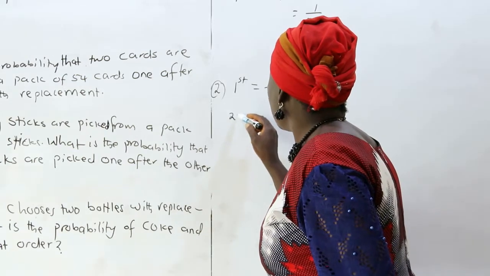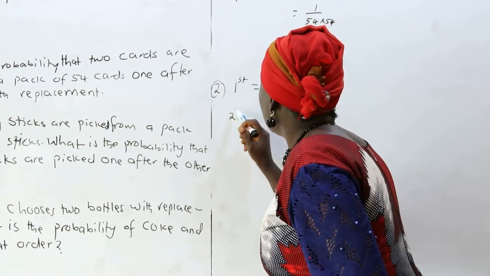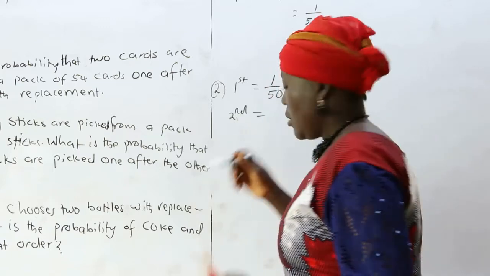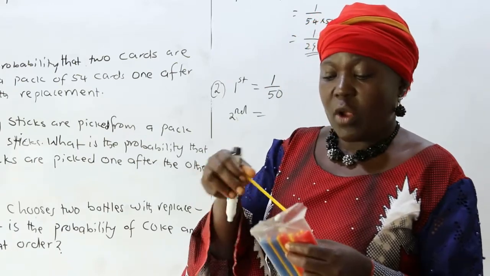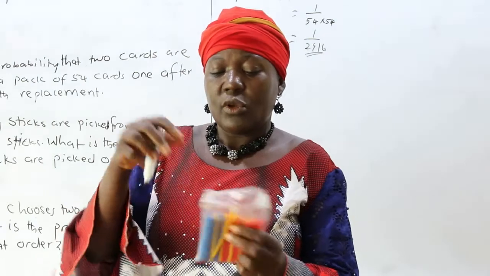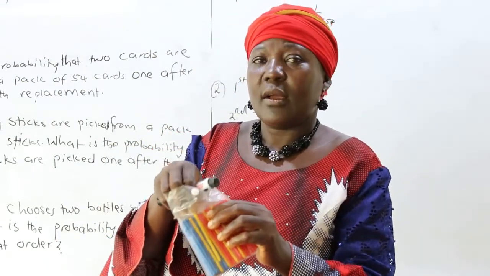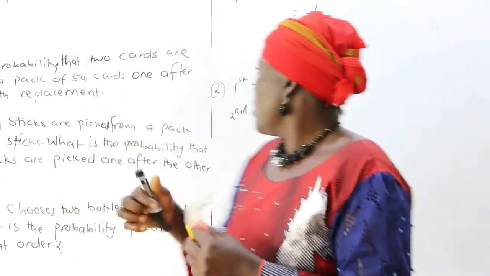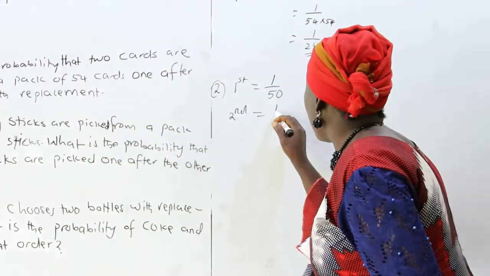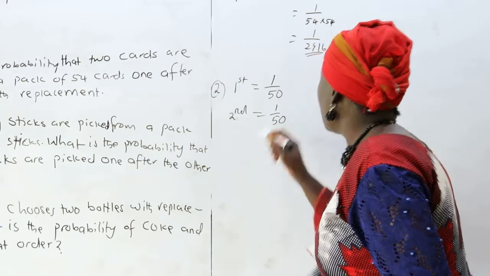The second picking, before you pick the second one, you have to return the one you have picked to give us back the 50. So then you take the second picking. We are going to have also 1 over 50.